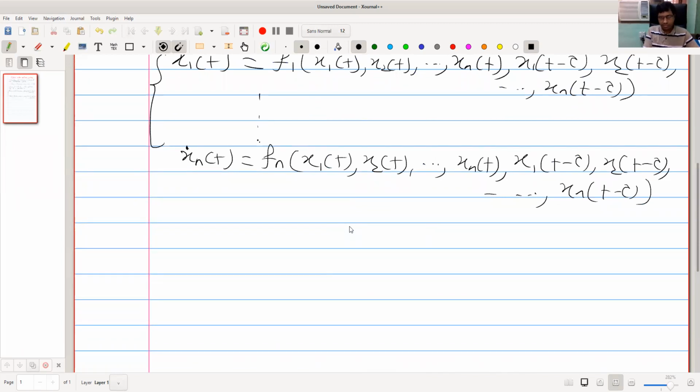Now we discuss equilibrium and linearization of this system in the neighborhood of equilibrium.